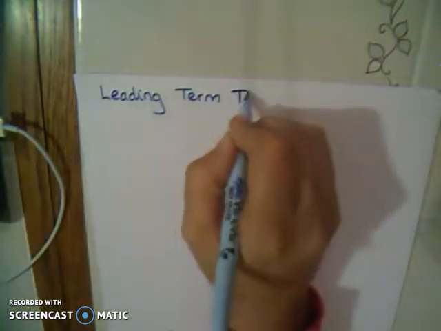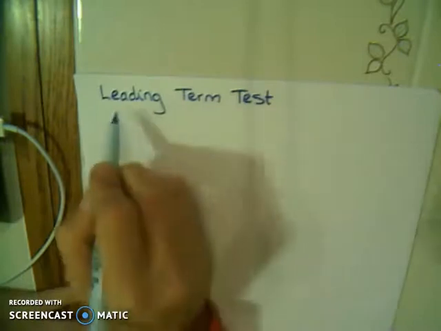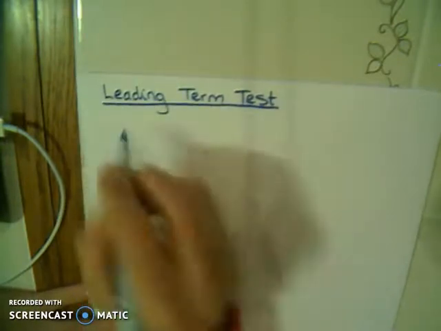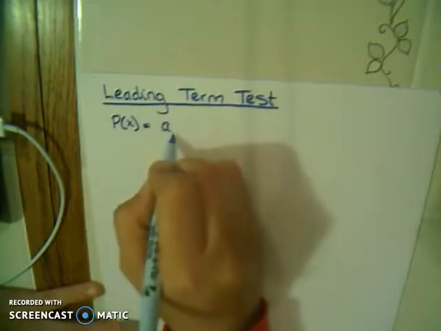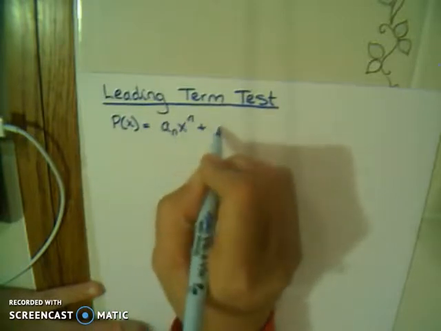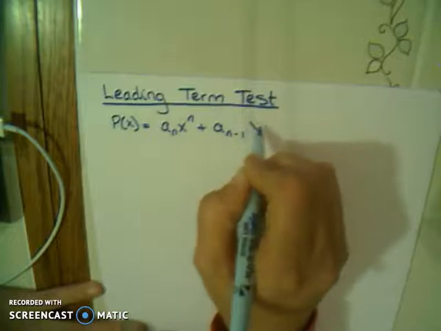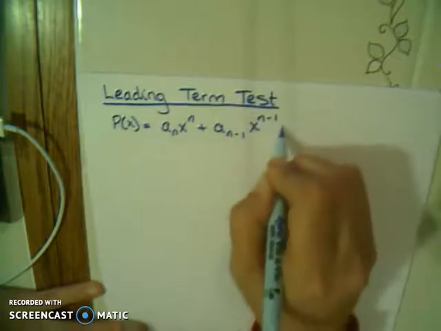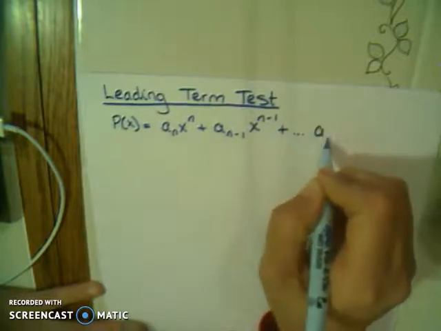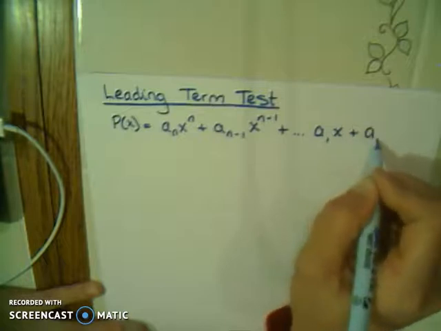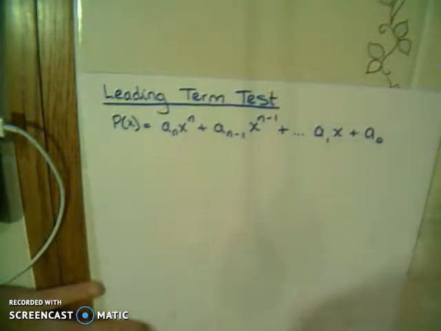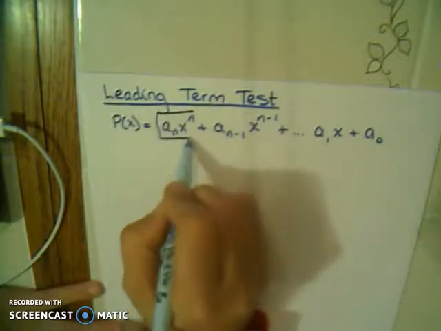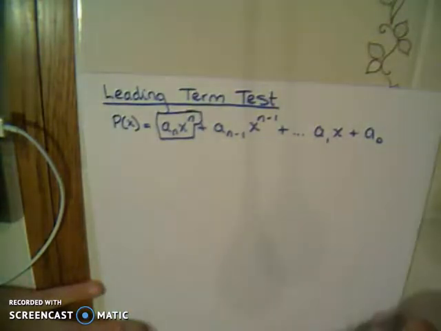And the leading term test says to take your polynomial, and I'm just going to keep using the same format we've already seen now that we've explained it, and hopefully it's not quite as nasty looking. And what this graph does on the left side and the right side depends solely on our leading term.